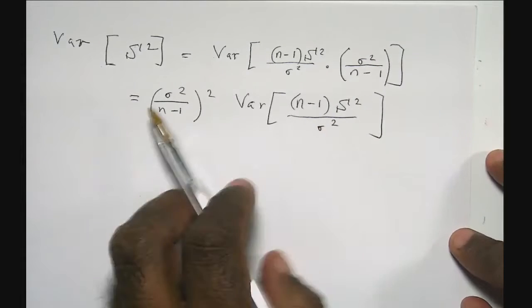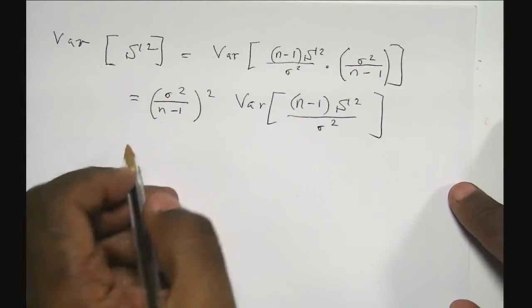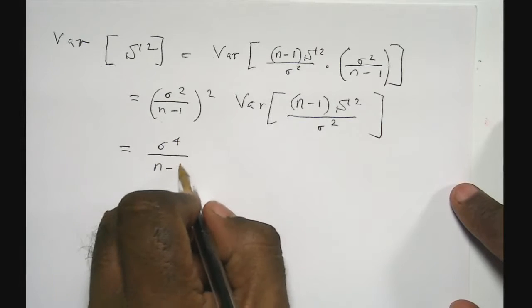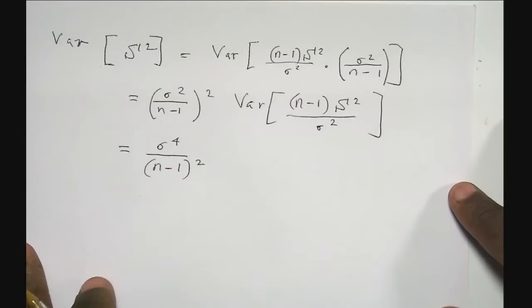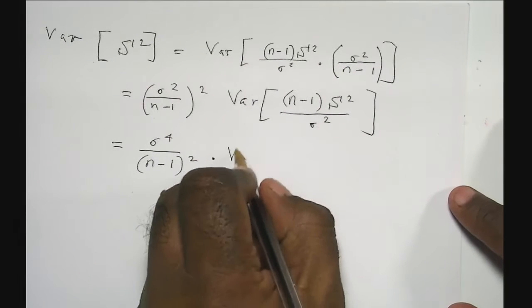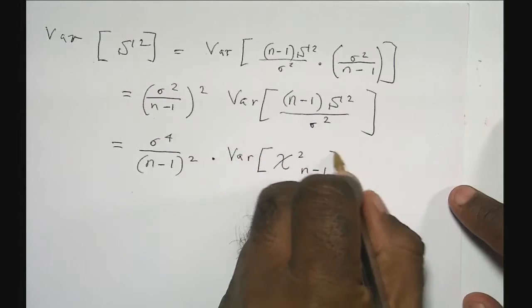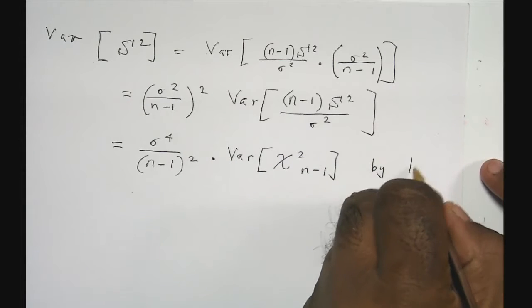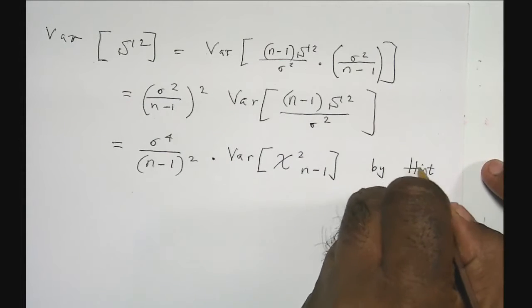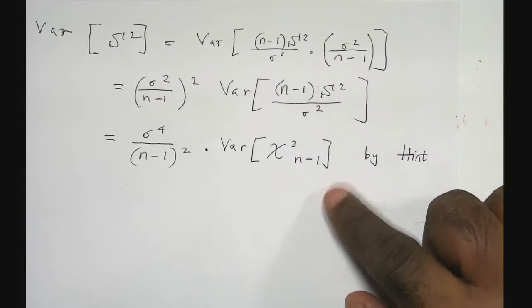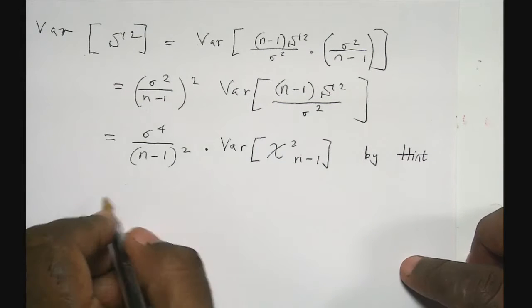See, when you take a constant outside, you need to square it. I'm sure you know this. Yeah. Now, by the hint, this is a chi-squared variable with n minus 1 degrees of freedom.